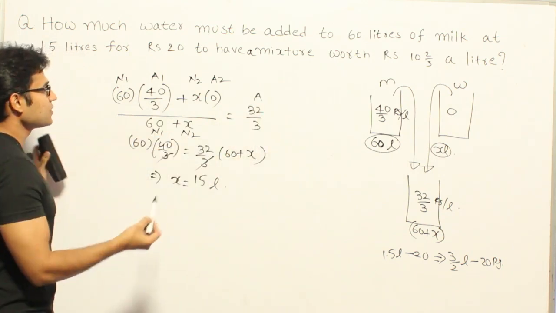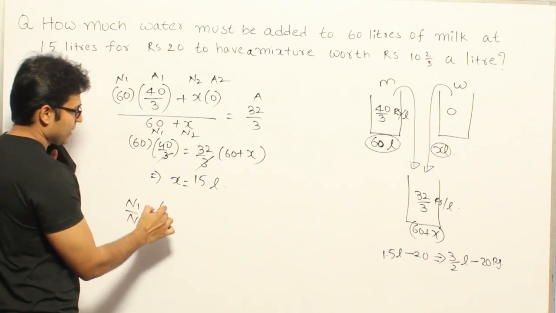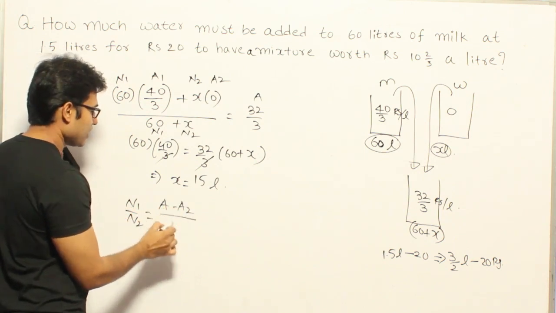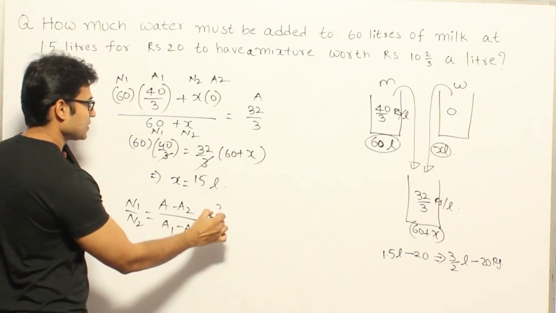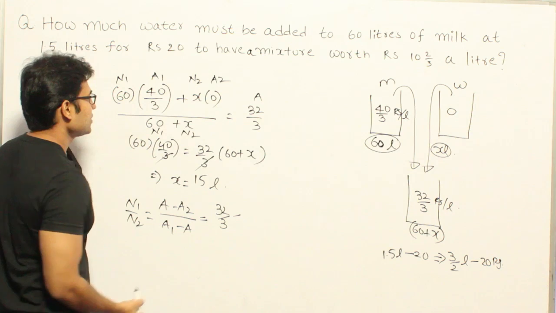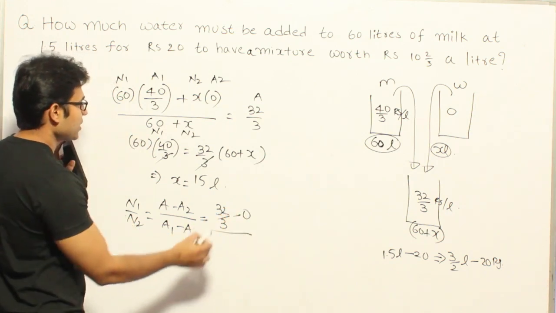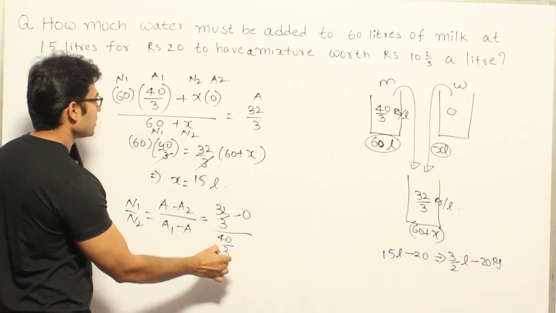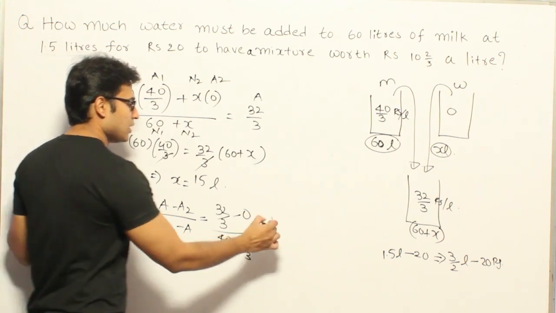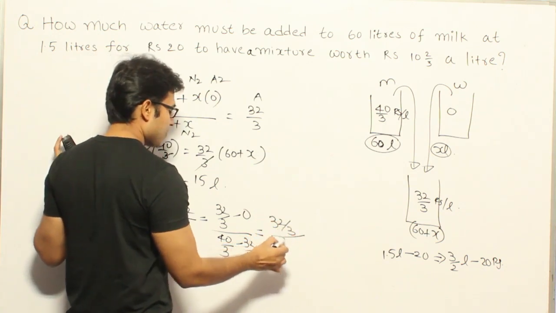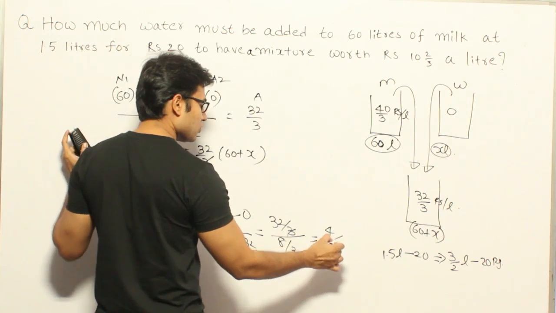So if you observe this, we can write that N1 by N2 is equal to (A minus A2) divided by (A1 minus A). Now what is A minus A2? It is 32/3 minus A2, so A2 is 0, divided by A1. What is A1? 40/3 minus A, which is 32/3. So it is going to be 32/3 divided by 8/3, right? So it is going to be 4:1.